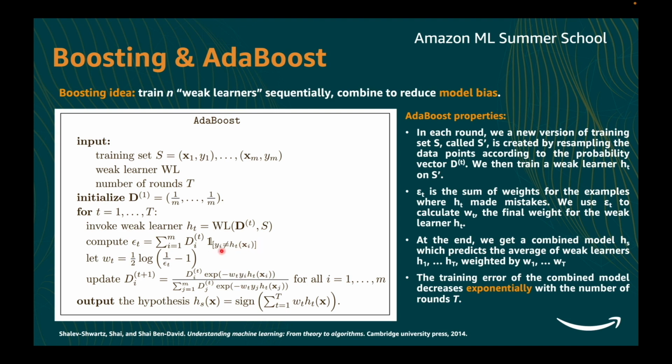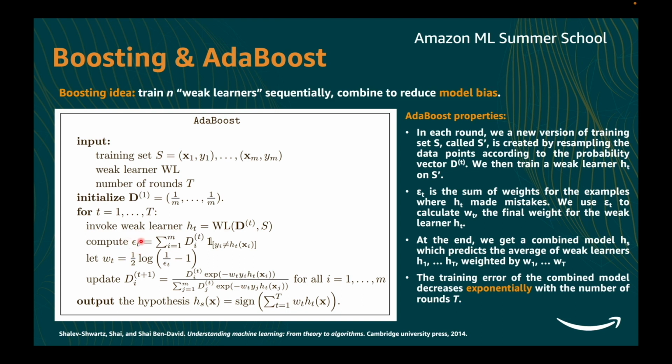I'm going to see where it does not match my ground truth, where it is different from my true label y. All the examples where it is different from my true label y, I'm going to pick them, and I'm going to pick the associated probability weight of those examples, and I'm going to sum it up. And that gives me this term epsilon t.